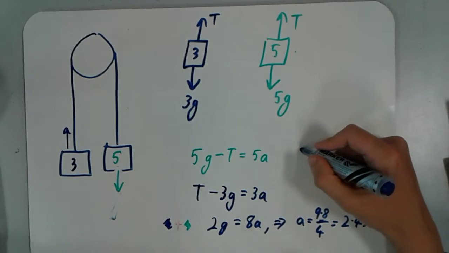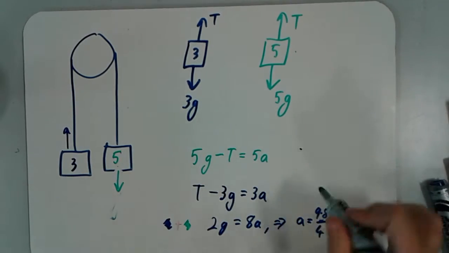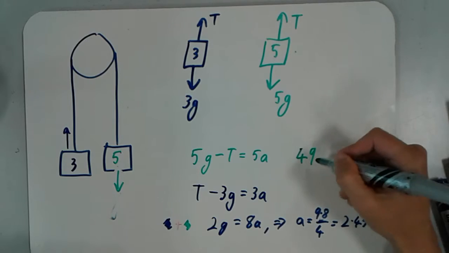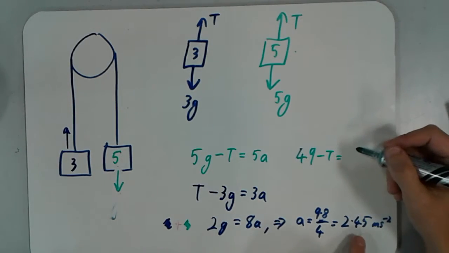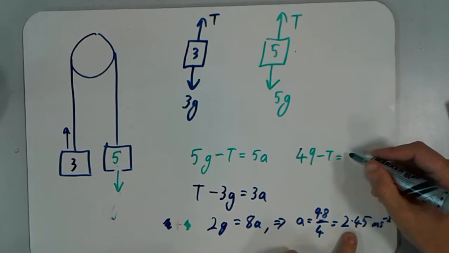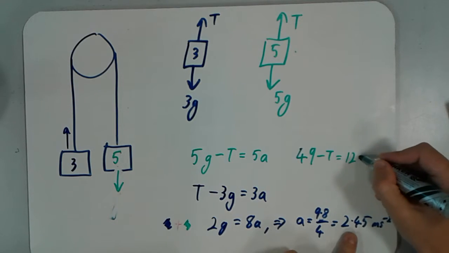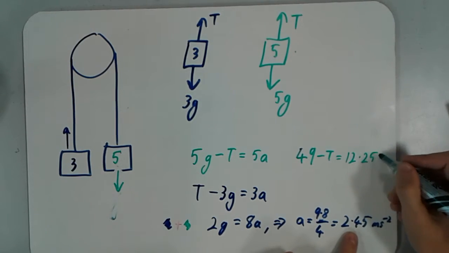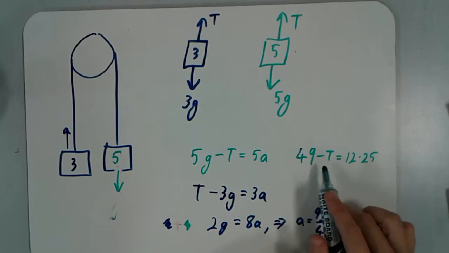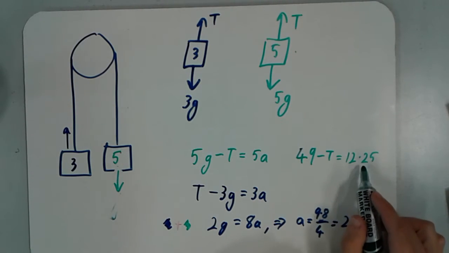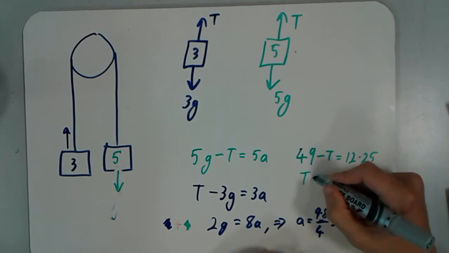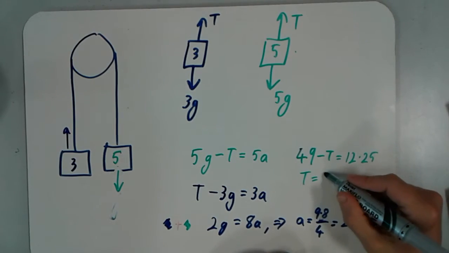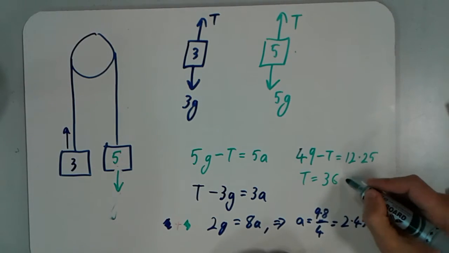So we're going to get 5g, which is 49, minus T is equal to 5 times our acceleration, which will be 12.25. Bringing T over there and subtracting 12.25 from the 49 gives us T is equal to 36.75 newtons.